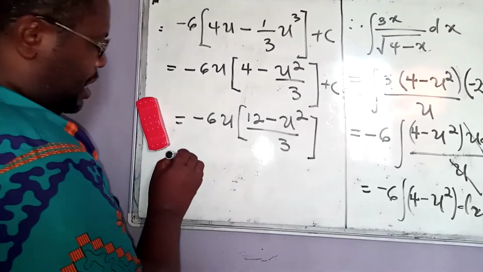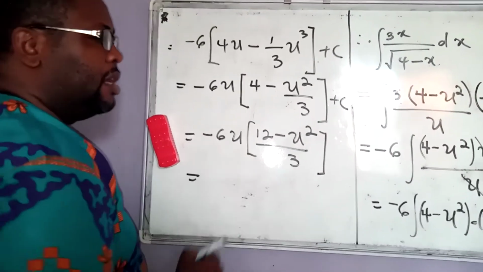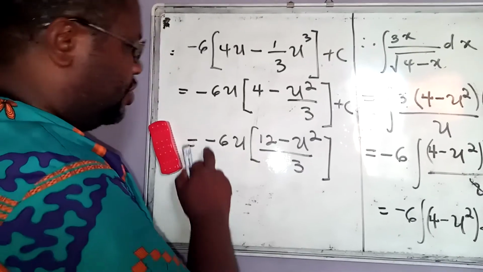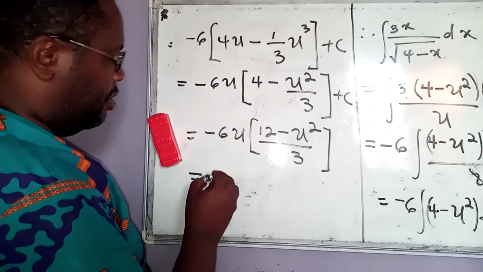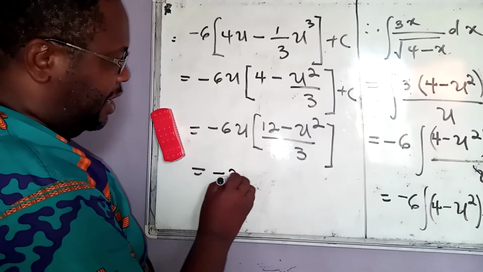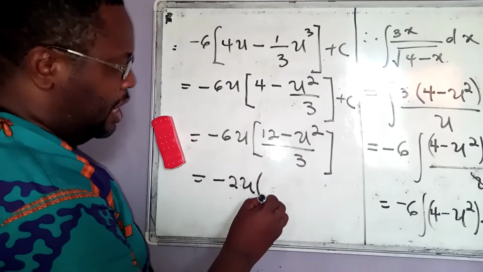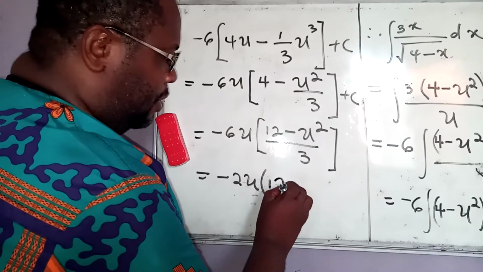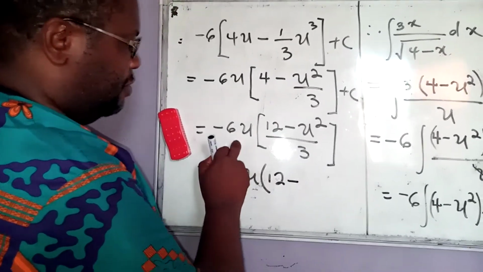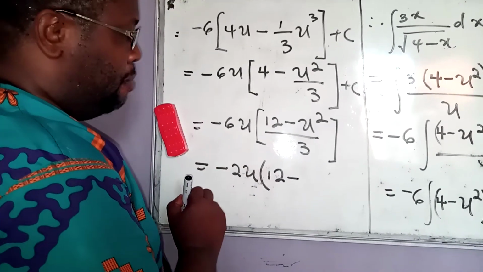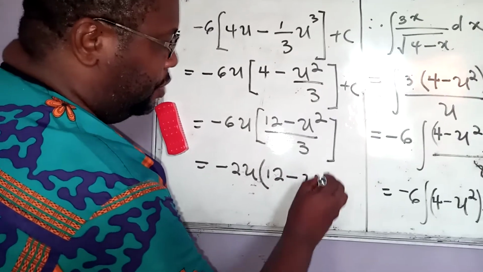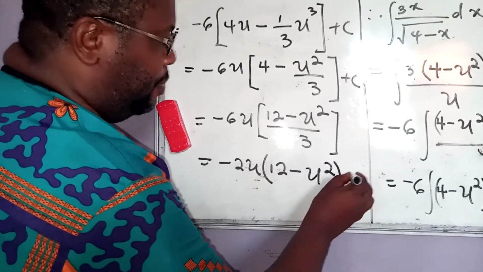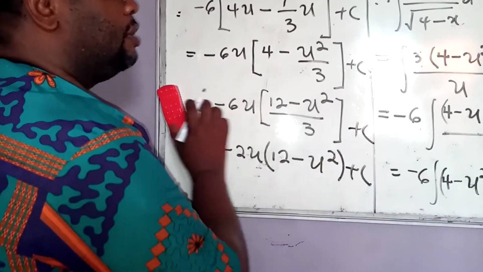I close that, and 6 divided by 3 gives me minus 2. So at the end of the day, I simply have minus 2u into 12 minus u squared, plus my constant of integration.